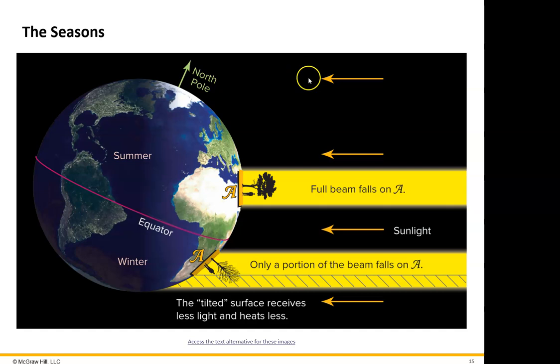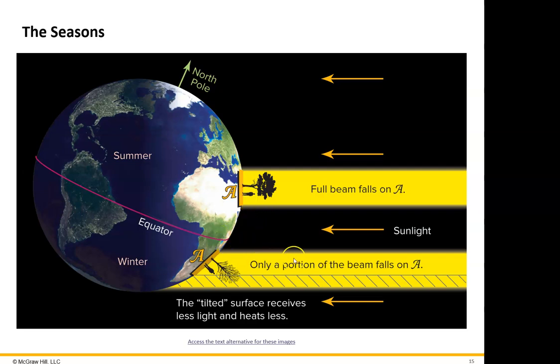All right, so this is really what's going on. If you think about a beam of sunlight coming into the Earth from the sun, when the northern hemisphere is tilted towards the sun, in the months of June, July, and August, the same beam, the same width, of sunlight comes in but is concentrated over a smaller area.